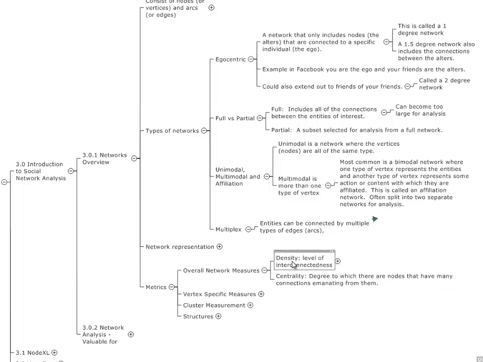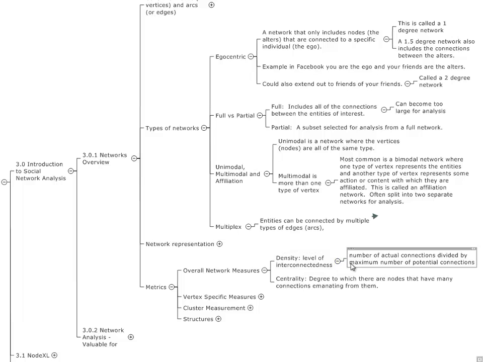One of them is a concept called density, and that's just a level of interconnectedness: how many edges connect nodes together. An easy way of measuring it is to take the number of actual connections in your network and divide by the maximum number of potential connections, and you get a percentage. The closer you are to 100%, the more dense that network is.